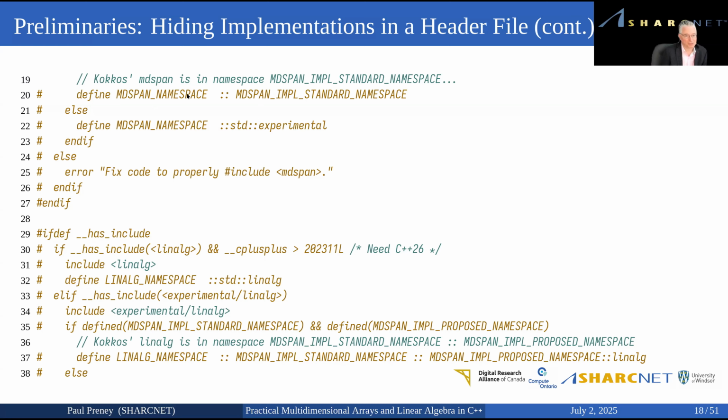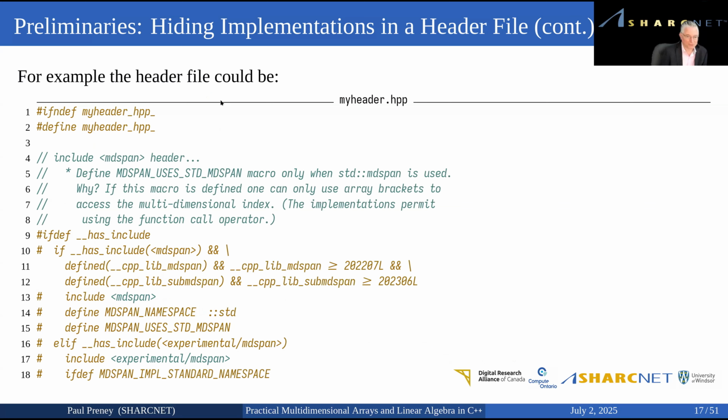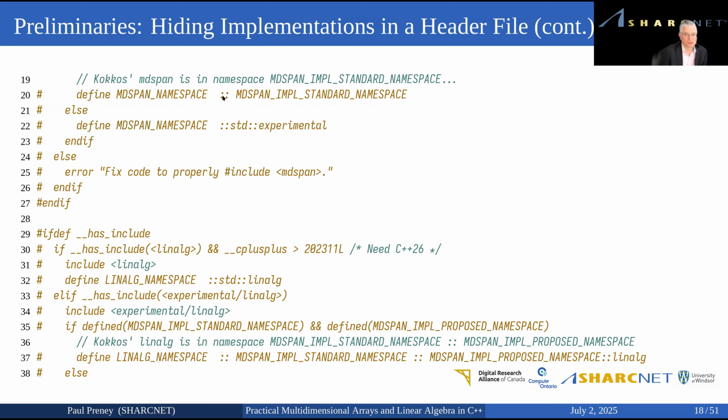So I define the mdspan namespace and put it there. If you're using the standard one, then the mdspan namespace is std. But if you're using the Kokkos one, then it winds up being this, whatever this macro is set to. Otherwise, use the mdspan namespace std::experimental, which is where NVIDIA puts it. And if none of this works, output an error.